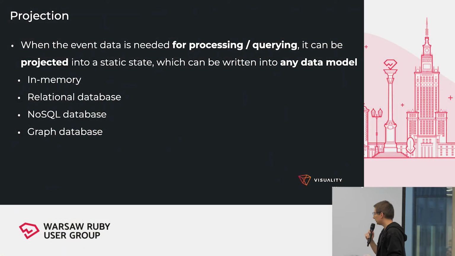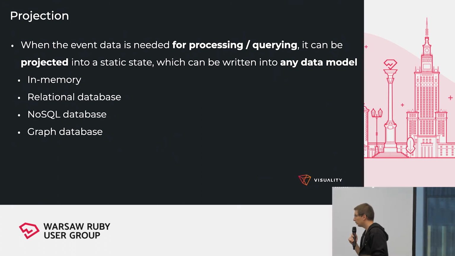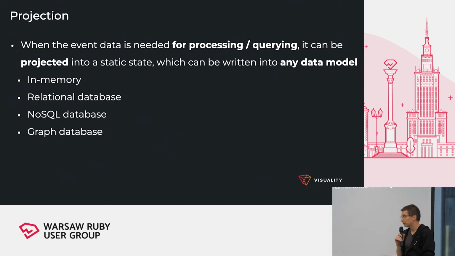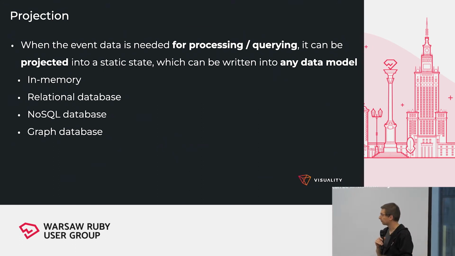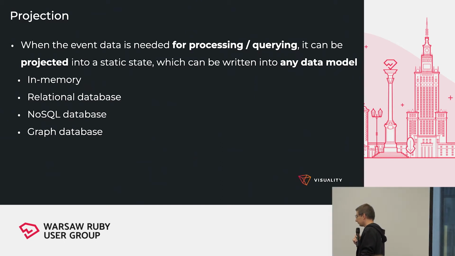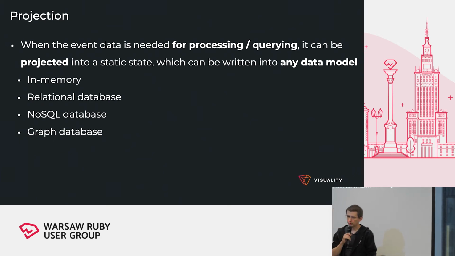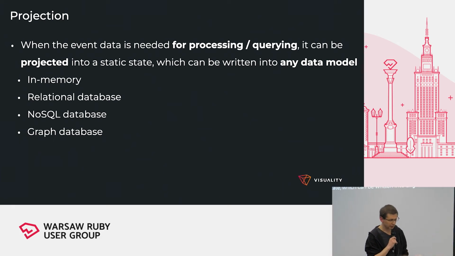Now, you can probably think, what do I do with those events? I like my relational database because I can query it and I can process something. If I want to get all the orders that have the total over 1,000, I won't go through 1 million events to figure out which one it is.